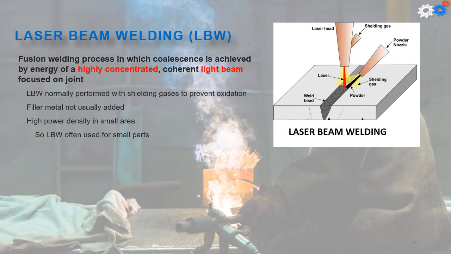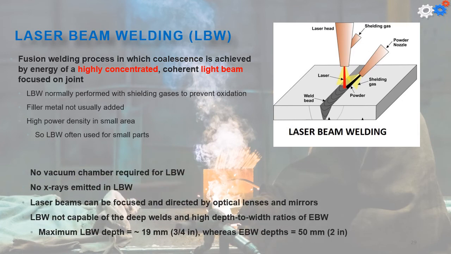High power density in a small area means laser beam welding is often used for small parts. No vacuum chamber is required, no X-rays are emitted, and the laser beam can be focused and directed by optical lenses and mirrors. Laser beam welding is not capable of the deep welds and high depth-to-width ratios available in electron beam welding.